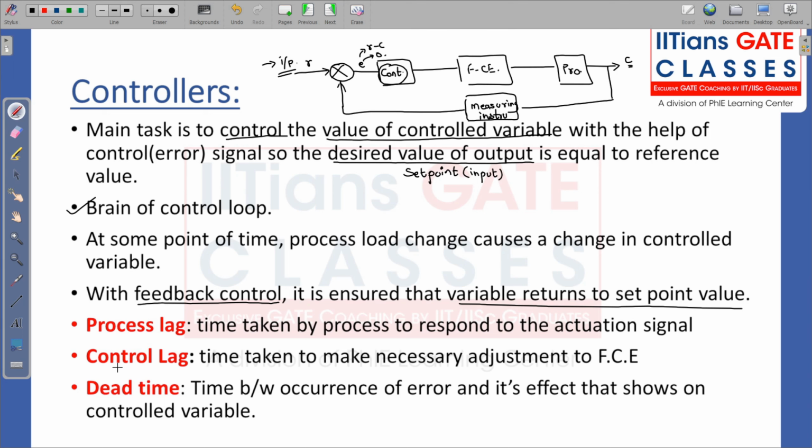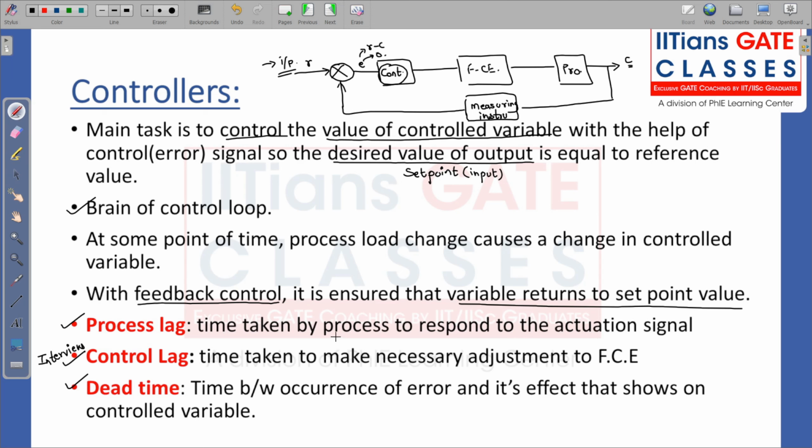Now let us see few things over here. What is process lag, what is control lag, and what is dead time? These things are asked in interview. So what is a process lag? Process lag is the time taken by the process to respond to the actuation signal.